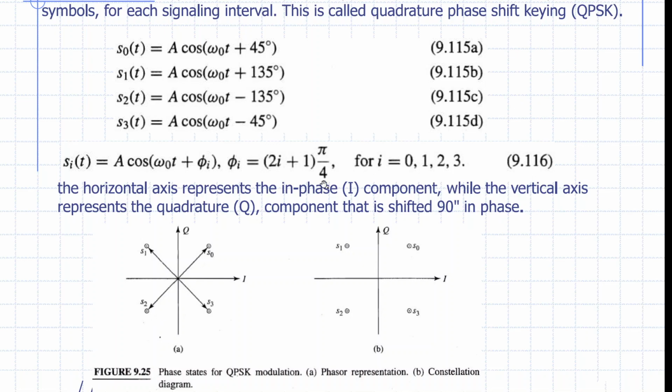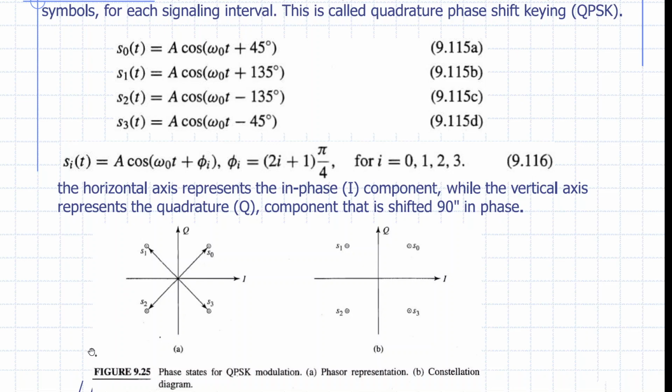Now this horizontal component is called the I component, defined by our basis function phi 1 of t, that is the cosine function, and the vertical component is called the quadrature component. This is defined by our phi 2 of t, that is the sine function.